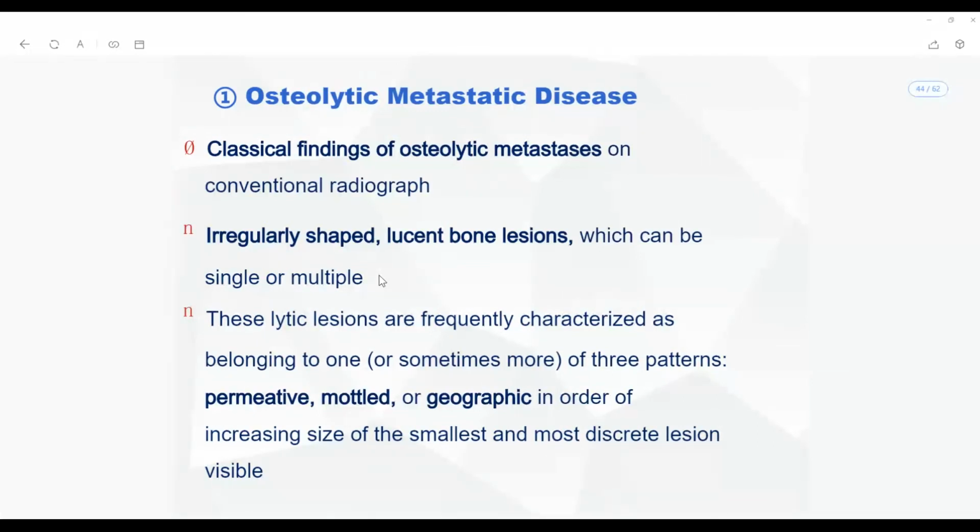Some areas are white, some areas are black. Skip lesions are a characteristic feature of irregularly shaped lytic bone lesions. Multiple myeloma is a metastatic bone disease, so that's the reason multiple myeloma has skip lesions. Did you understand?